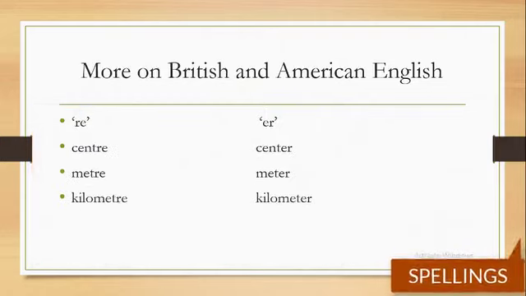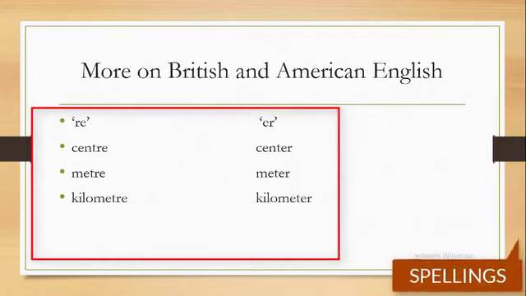Then we move further to RE and ER. That's another difference. Americans spell with ER, the British spell with RE. We see words like the word centre.